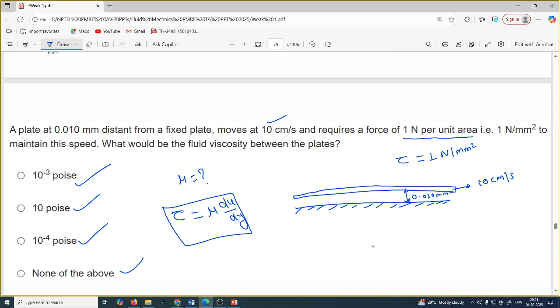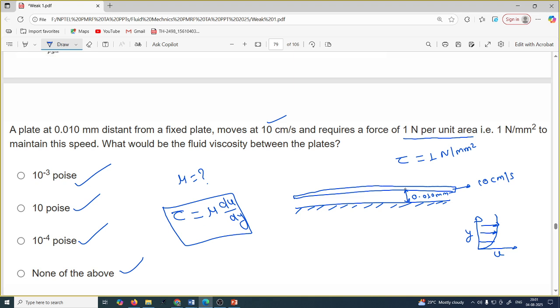So always remember, if the distance between the plates is very small, as you know your velocity variation, if this is velocity and this is depth of the flow, is like that. In laminar flow, parabolic, remember please, parabolic.